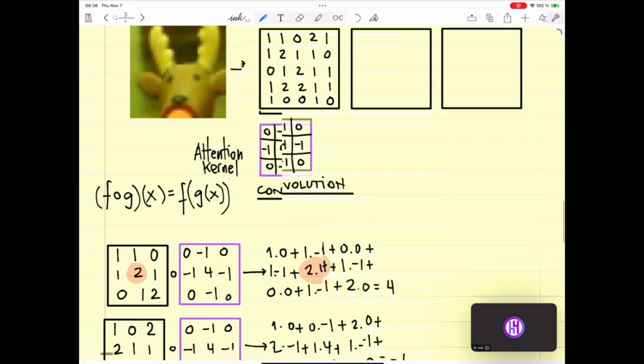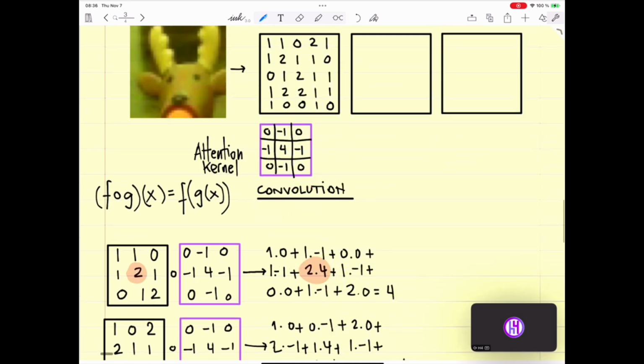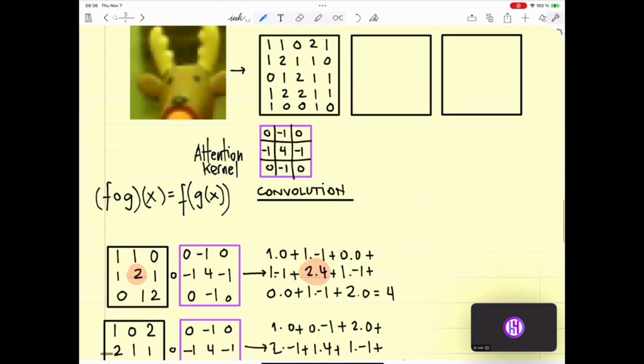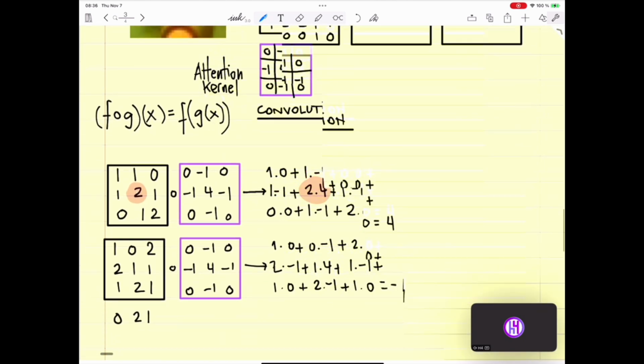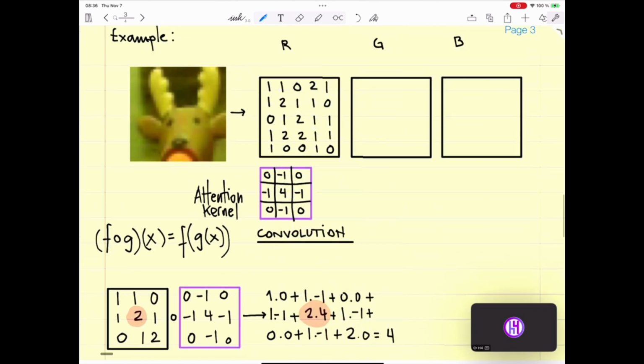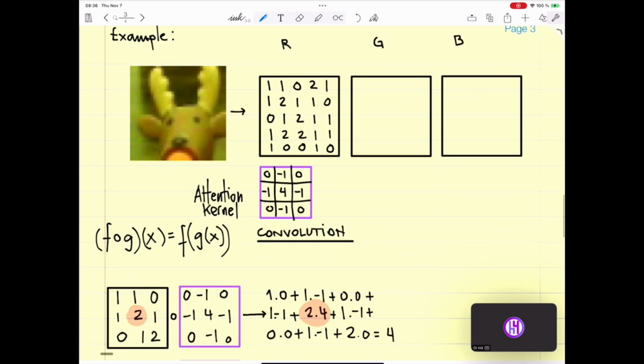Okay, I go to the next one. So now I take this 0, 1, 1; 1, 1, 0; 2, 1, 1.